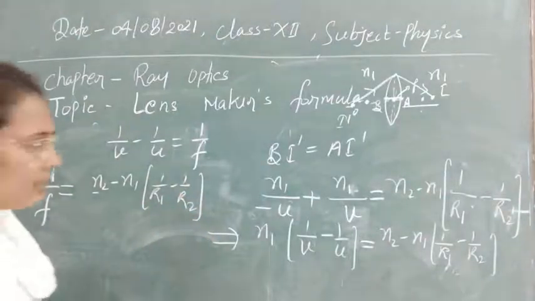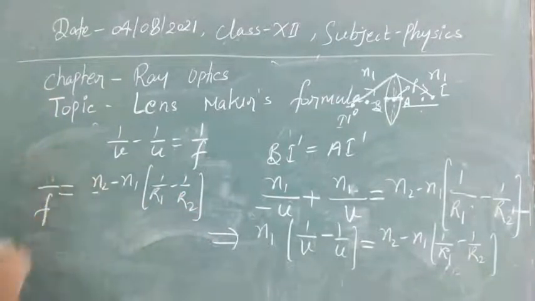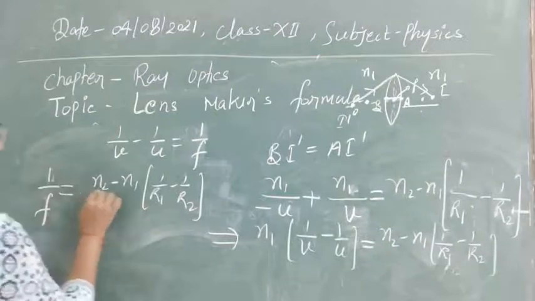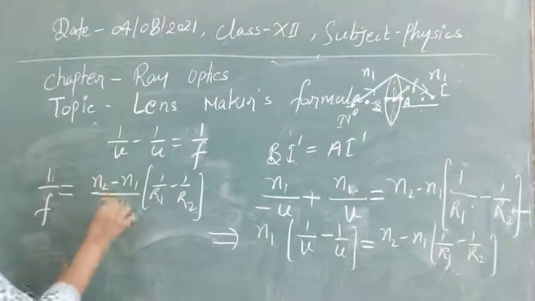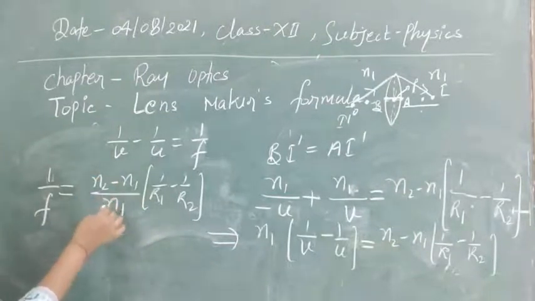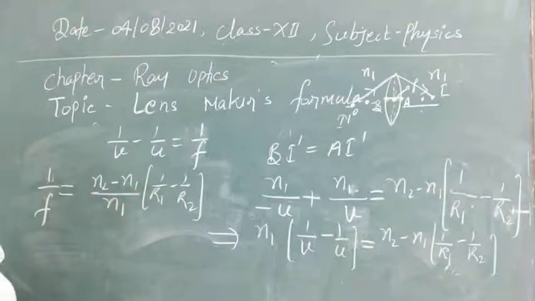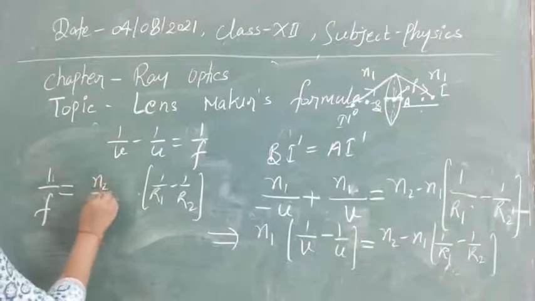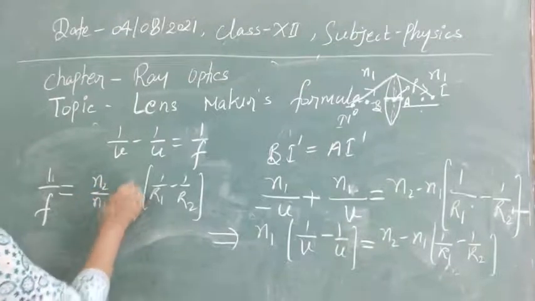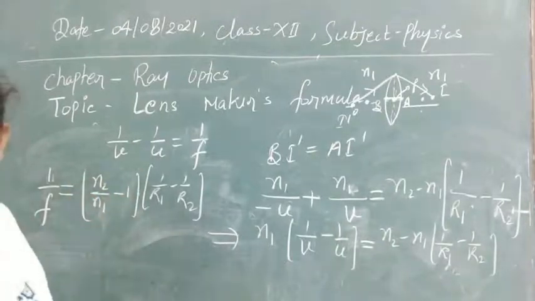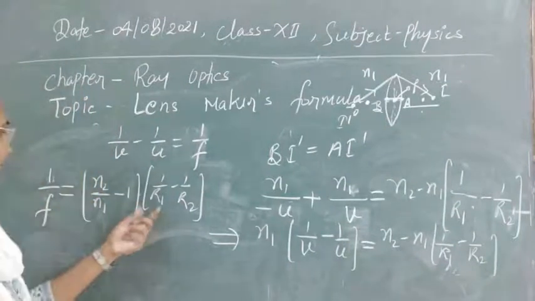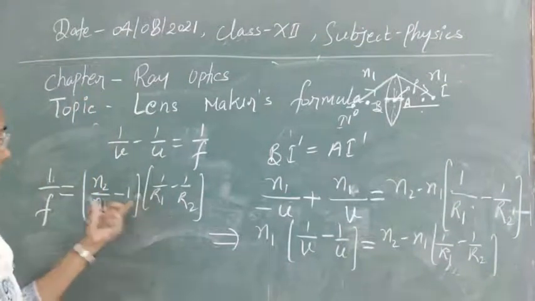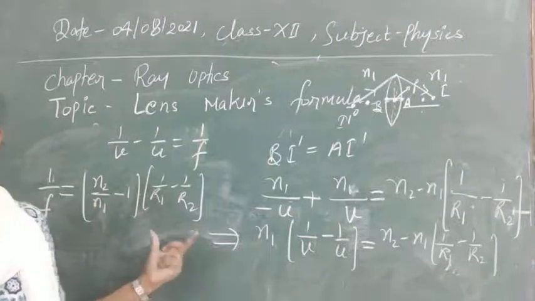In the next line, N1 you can take to this side, so this will be upon N1, and you could divide these two, then here it will be N2 upon N1 minus 1. So directly I am going to write this one also: N2 upon N1 minus 1 from here. So this is our final equation for the lens maker formula.